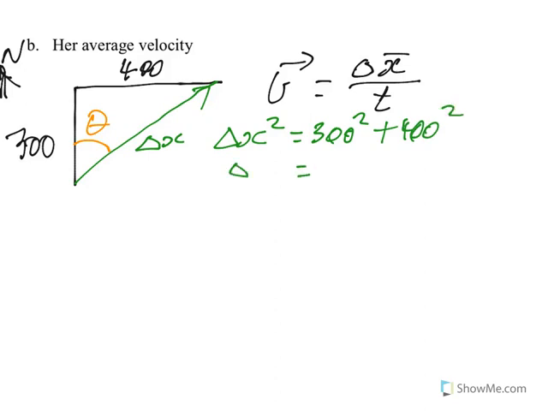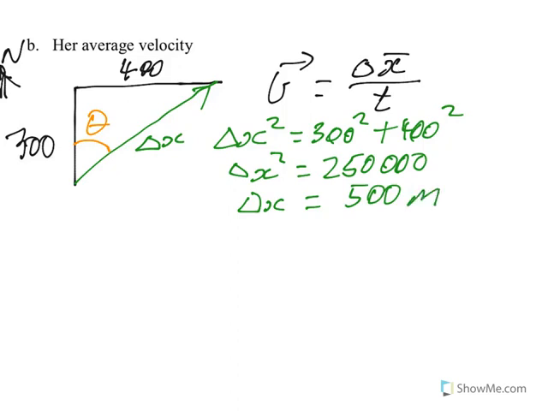Do that on your calculator, and delta x squared is 250,000. So when you square root that, the change in position is 500 metres.